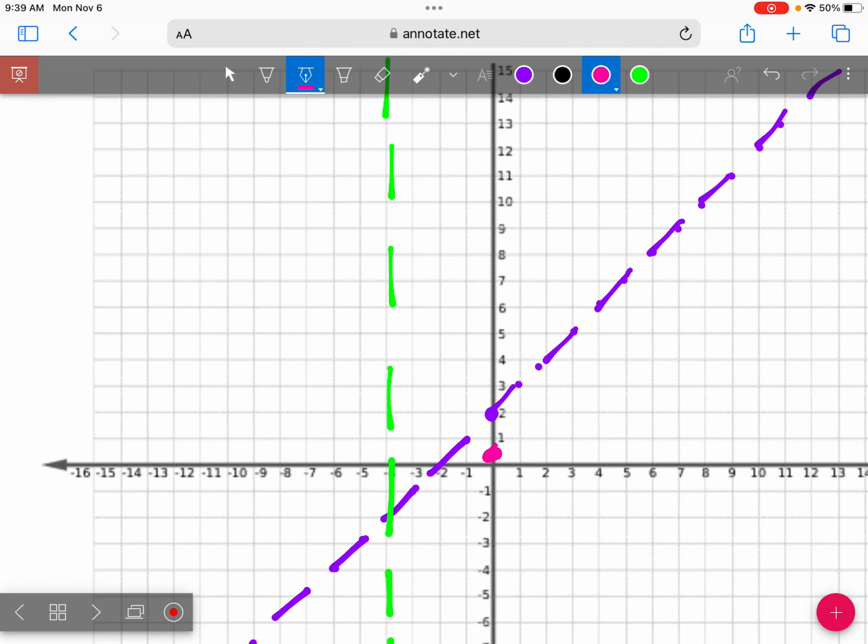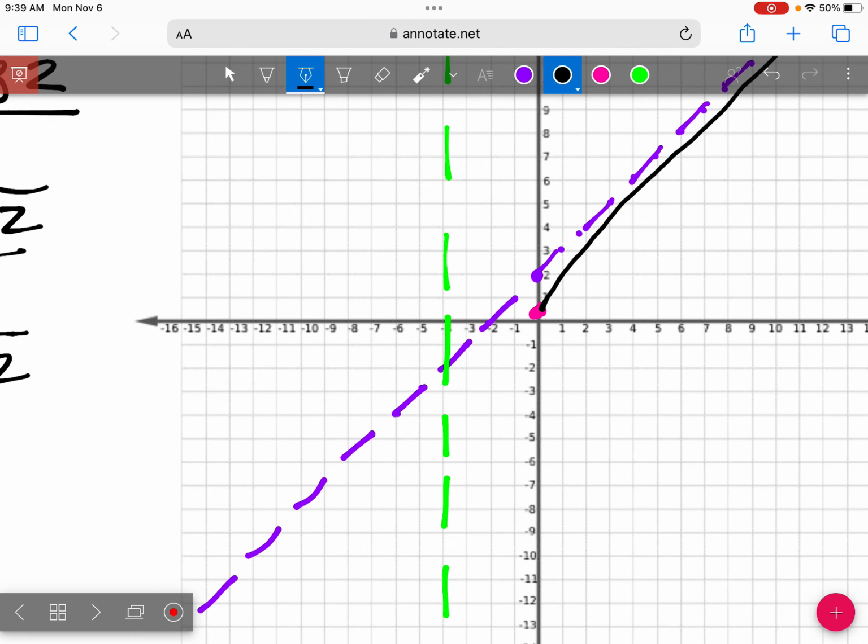And we know it has to go through that point and hug both asymptotes, right? So it's going to go through this point and hug my purple asymptote, and go through that point and hug my green asymptote.